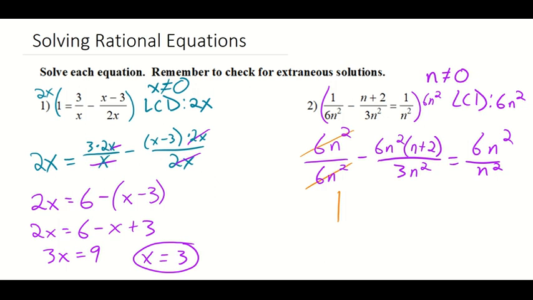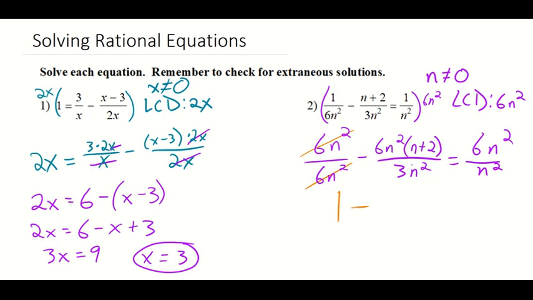Some people just look at this, and again, this is why I'm telling you to factor out. We're not crossing out or canceling, because if you just cross those out and move away, it just disappears. But it's 6n squared divided by 6n squared, which is 1.